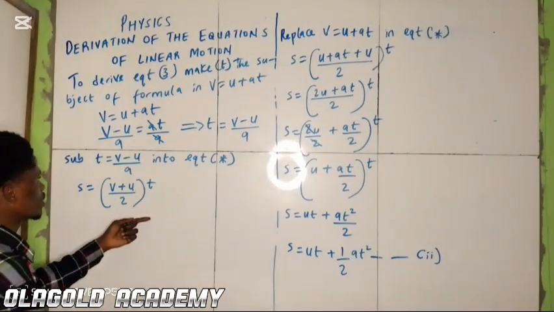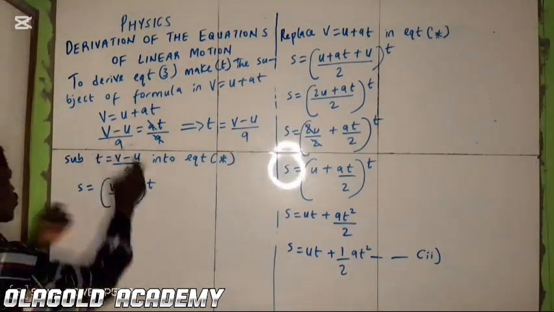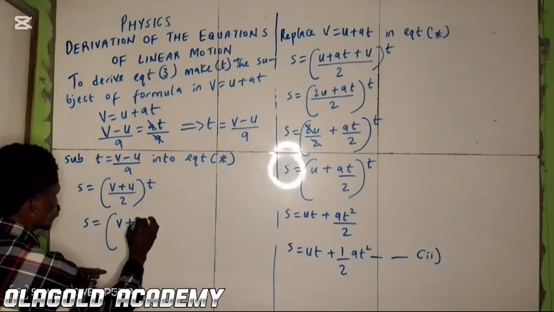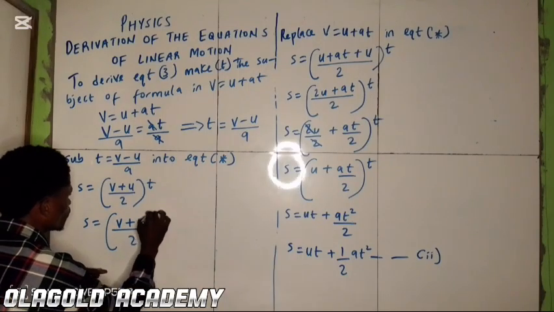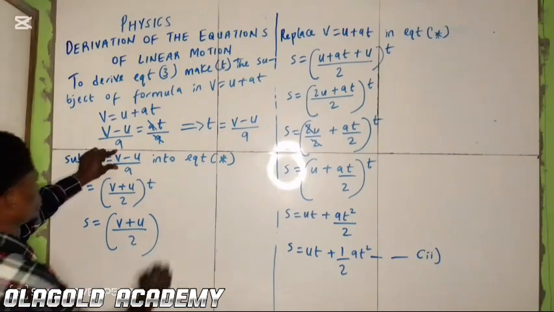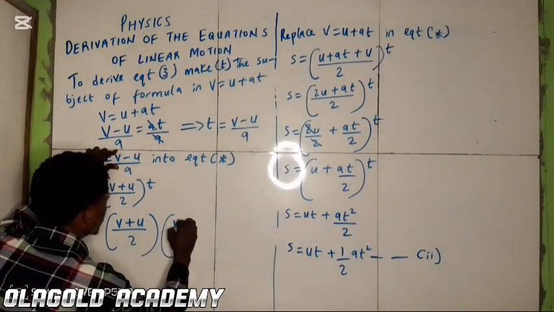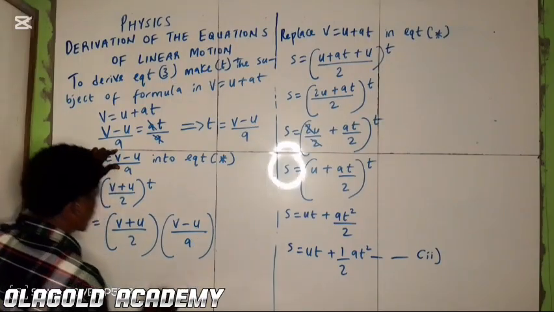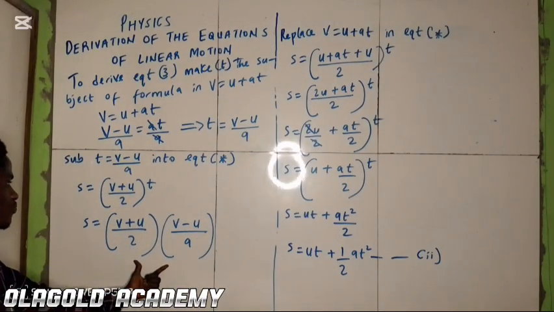We are going to replace this value of T with this. So we're going to have S equals V plus U over 2. Our T is now this. We are going to have V minus U over A. So we are going to have this.